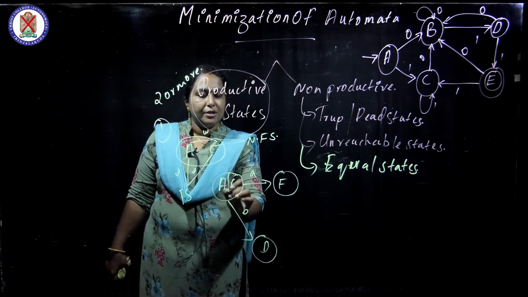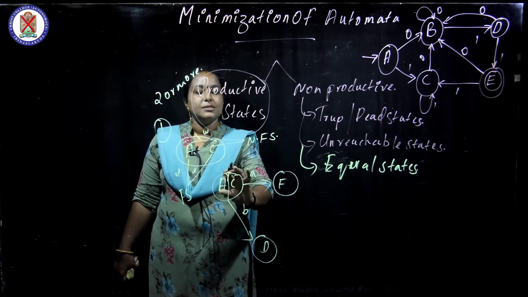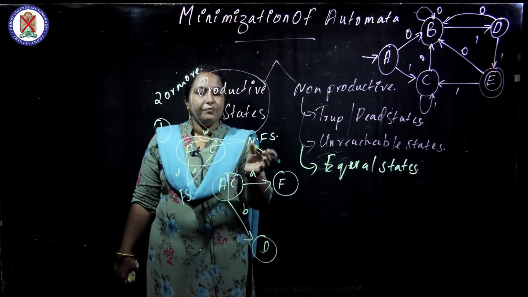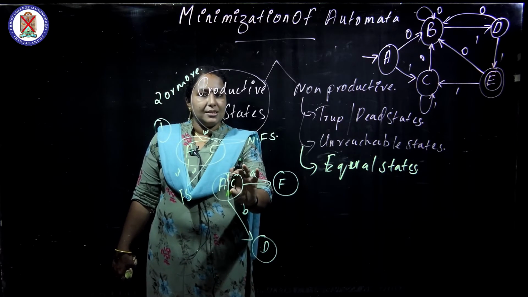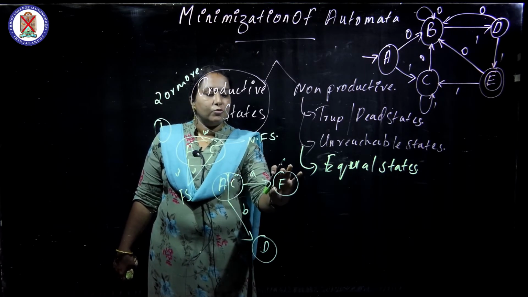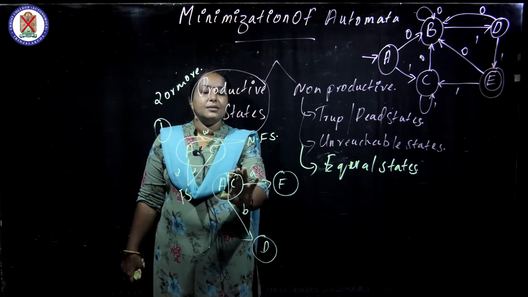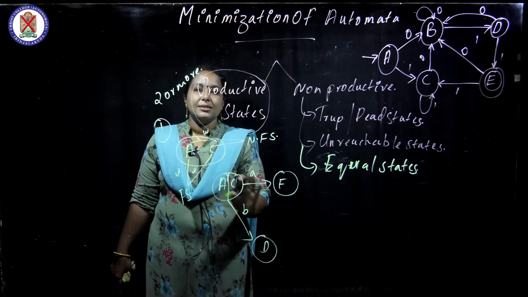I have already merged this when I explained the concept: think of A and C as two states, and for simplicity I have merged them as one. With A it moves to one state and with B it moves to one state. Then these two states can be merged, that is equal state. So A and C are equal.